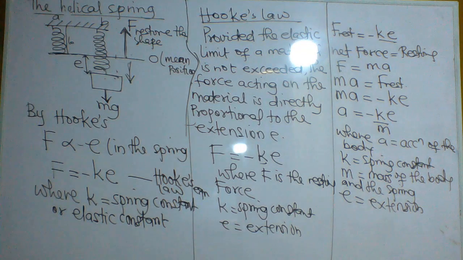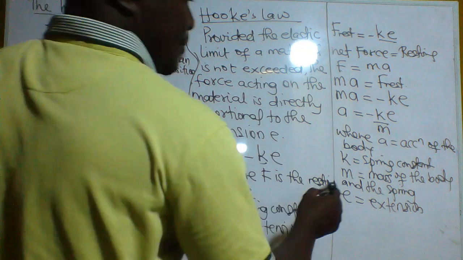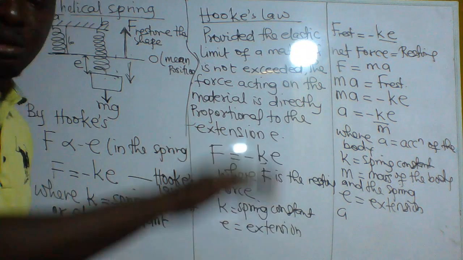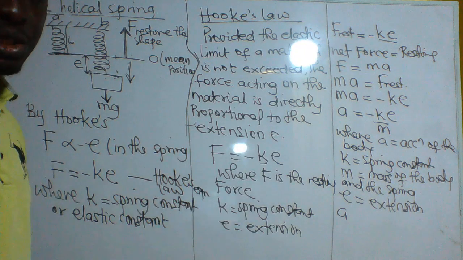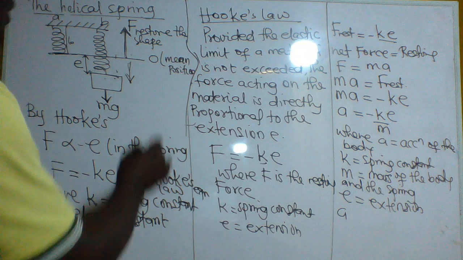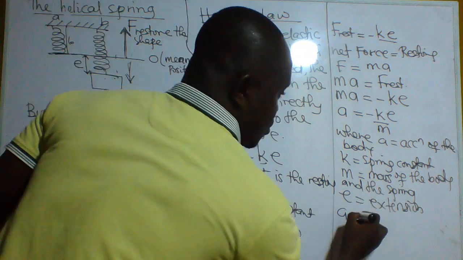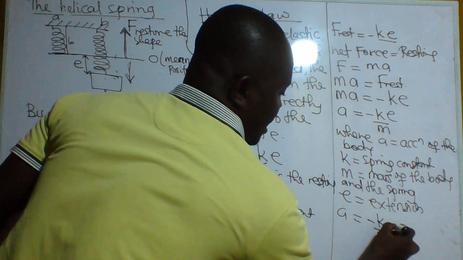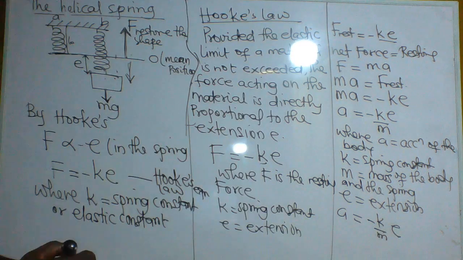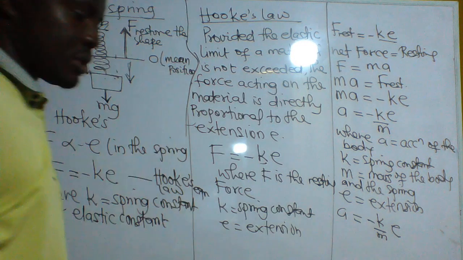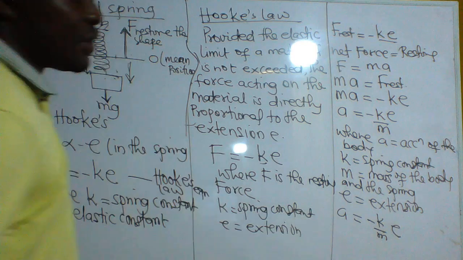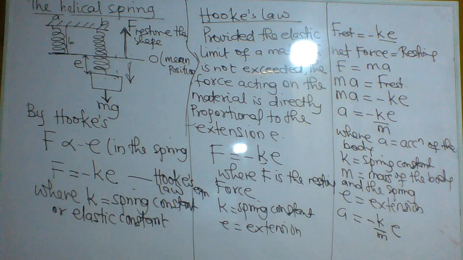Okay, therefore we can say that the acceleration of the body during the oscillatory motion around the fixed point O is equal to minus k on m times the extension. Here, k is a constant, and m is the mass of the spring and the load.